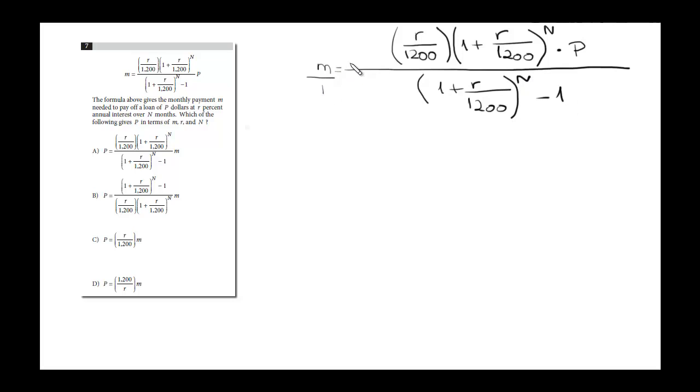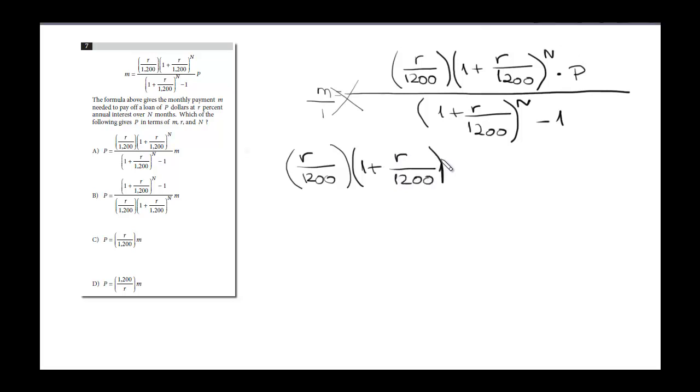If we cross multiply, we obtain that R over 1200 times 1 plus R over 1200 to the power of n times by p is equal to m into 1 plus R over 1200 power n minus 1.